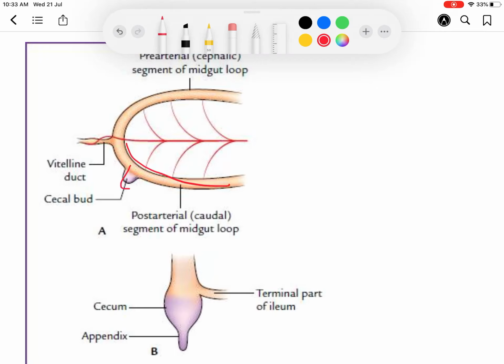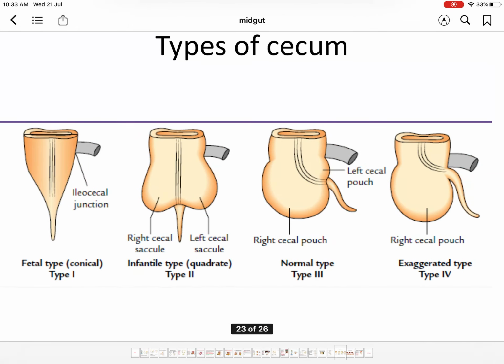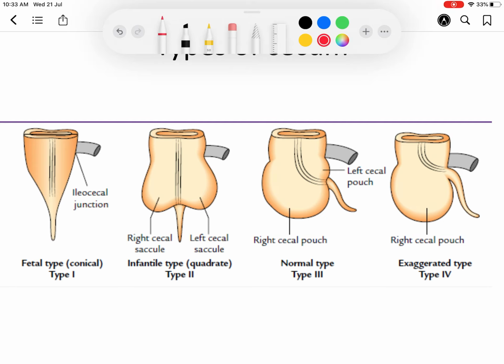Now coming to the development of midgut. Here you can see the superior mesenteric artery and the prearterial and postarterial loop. From the postarterial segment, a cecal bud is arising, and this cecal bud will form the cecum, and from the apex of the cecum, the appendix is arising and it is growing in length.